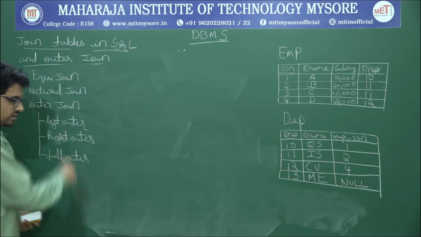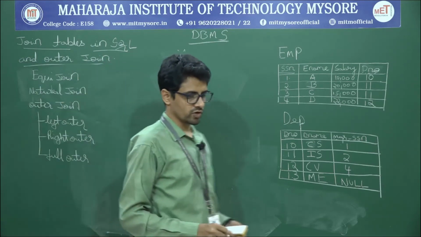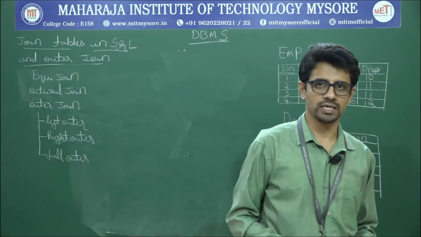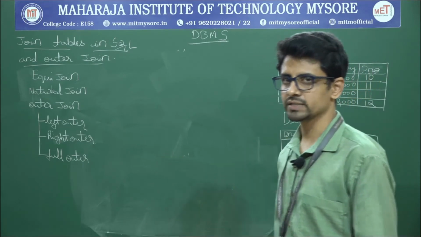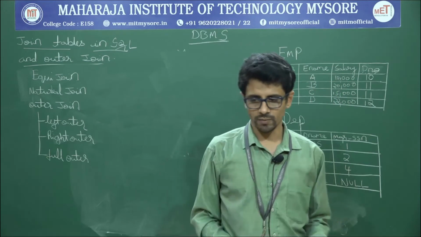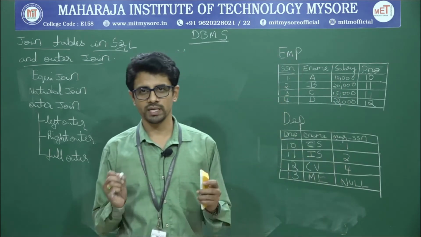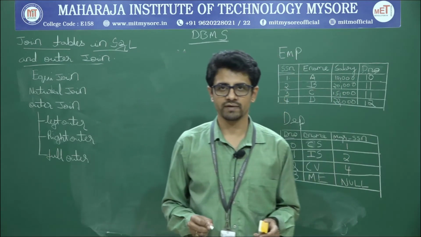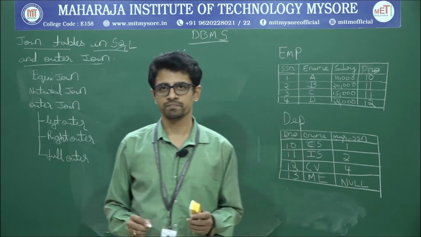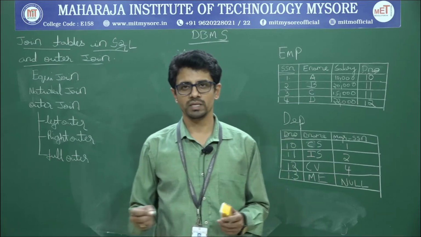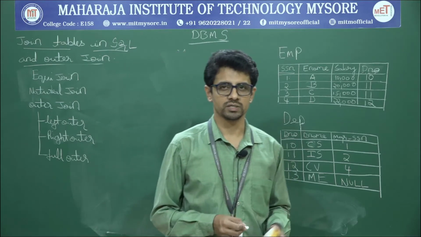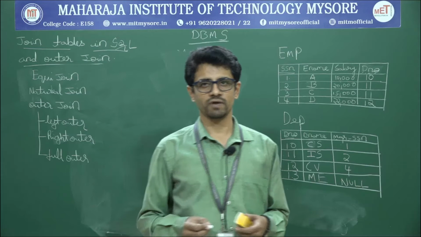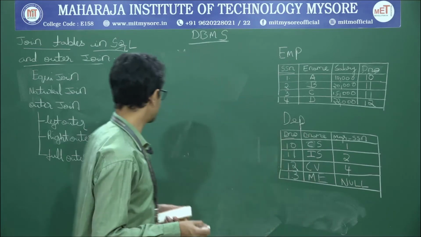Anyhow, all these different left, right and full outer joins you have already learnt in relational algebra. Anyhow, I will just brush up with the same example that is on the board. Normally left and right outer join are applied on tables where we have a primary key and foreign key relation, whereas full outer join normally tends to have two tables joined without that primary foreign key relation, because we want values that are not matched on both sides also. We will see that now.